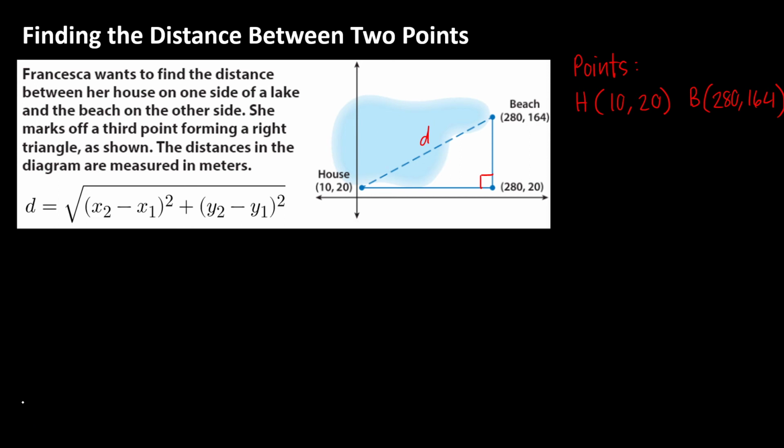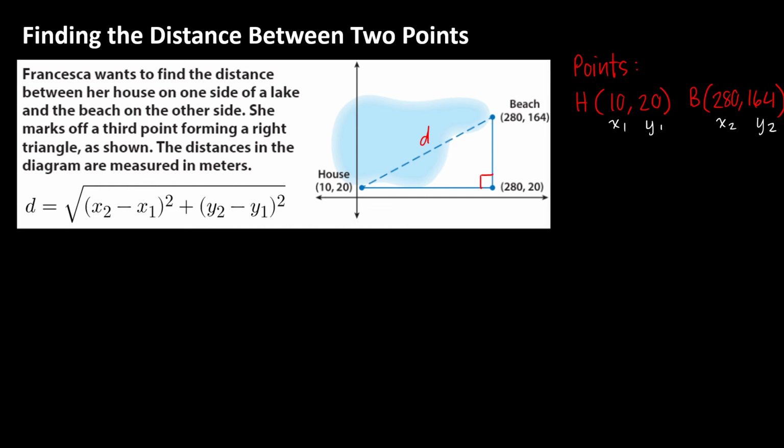And just for the sake of visual aids here, I'm going to label the house coordinates as x1, y1. This is my first coordinate. And the beach coordinates as x2, y2. So that I can see exactly where I'm going with the distance formula as I'm making my calculations.